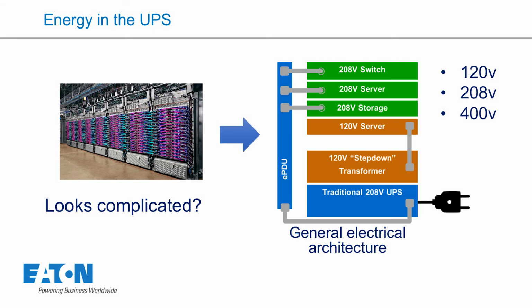If you look at the image on the right, this is typically what we see in the rack. We have a switch, we have a server, we have storage equipment, and maybe we have a server with a different voltage. If we have equipment from a different voltage, we may need a transformer inside the rack if the UPS is not a split phase UPS, which you will see in the market.